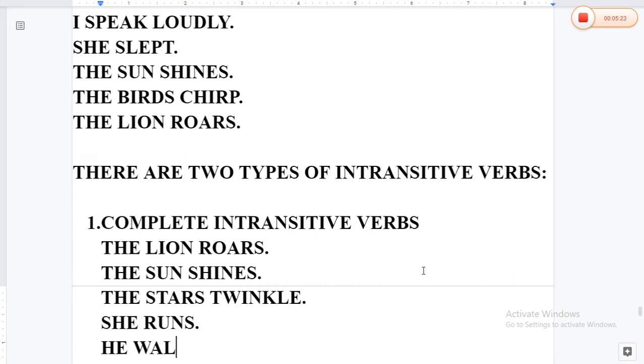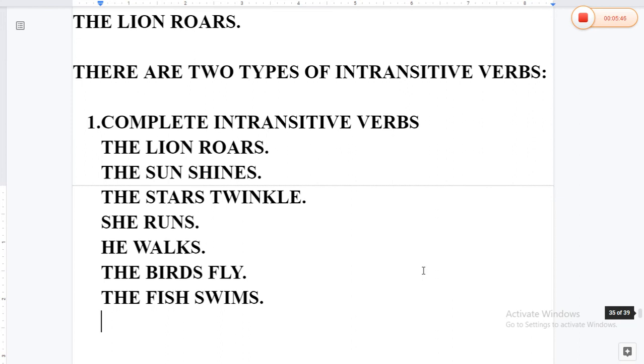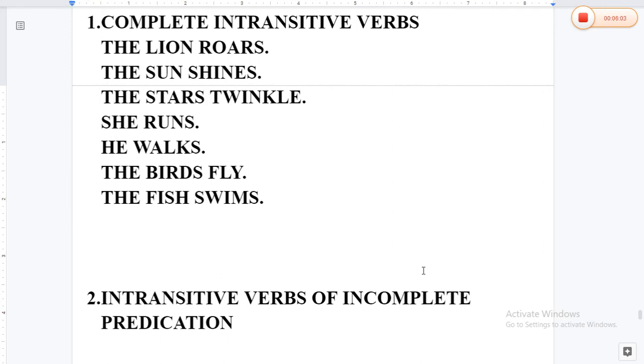He walks. The birds fly. The fish swims. These actions are complete in themselves. You don't have to apply any object to them, and the word that comes with such verbs is called an adjunct. And the second type is intransitive verb with incomplete meaning.